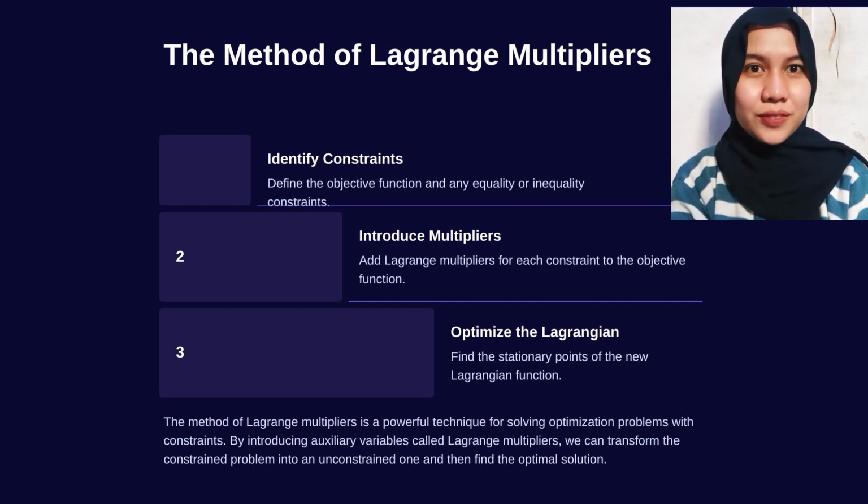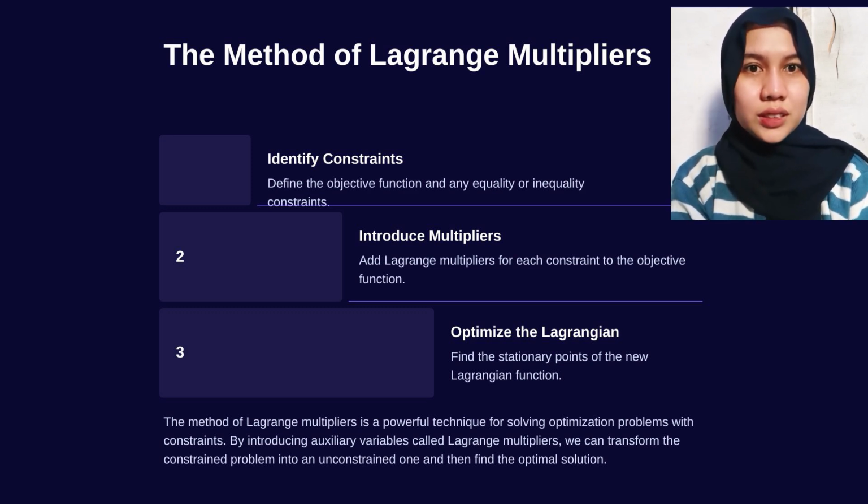Define the objective function and equality or inequality constraints. 2. Introduce multipliers. Add a Lagrange multiplier for each constraint to the objective function. 3. Optimize the Lagrangian. Find the stationary points of the new Lagrangian function.